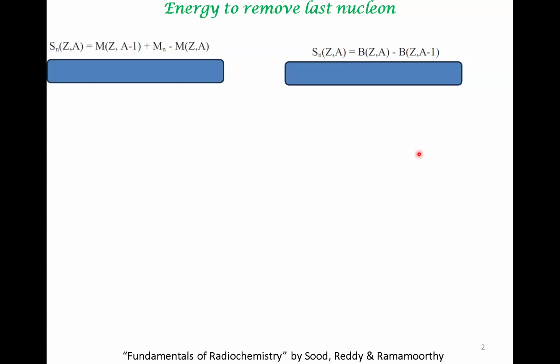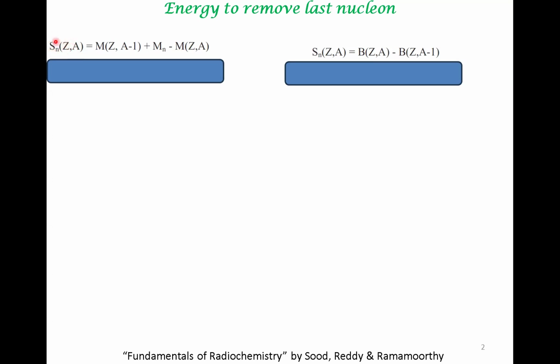If you're removing a more stable proton or a more stable neutron, the energy required would be greater. So you are trying to remove the neutron or the proton which has the highest energy within the nucleus. That is called the separation energy.